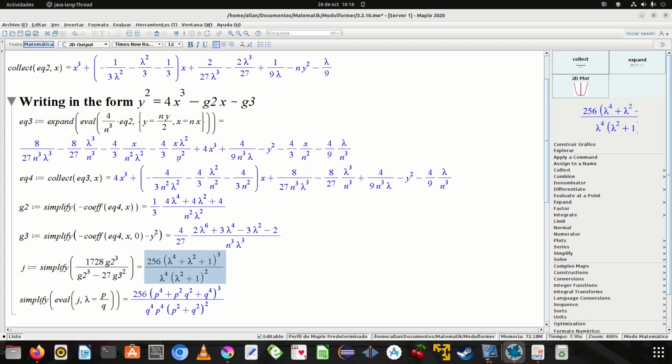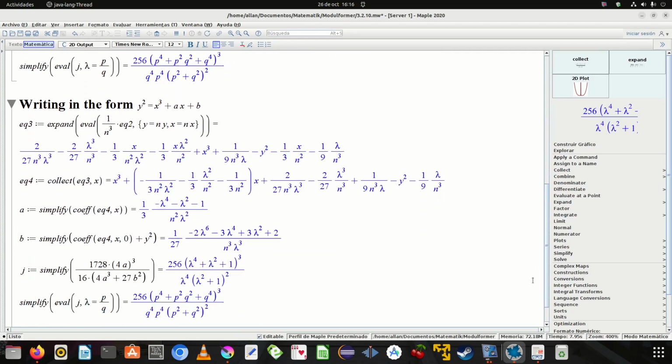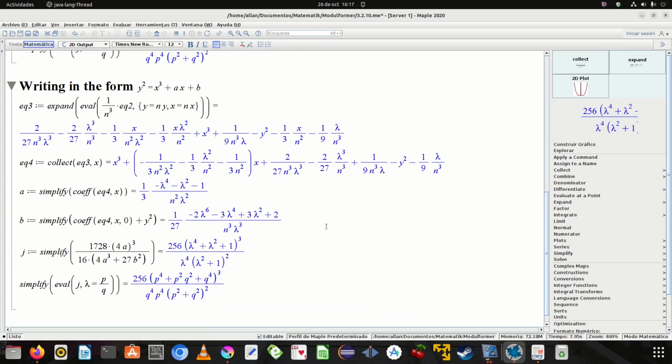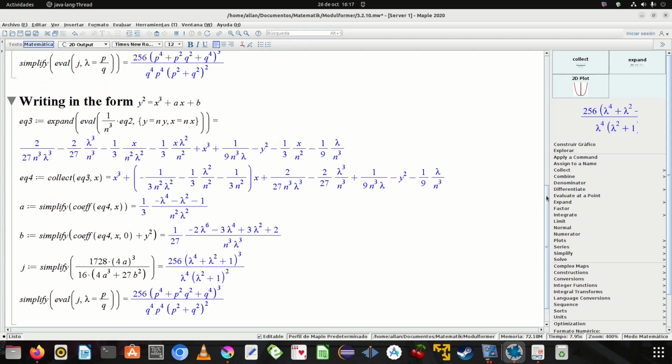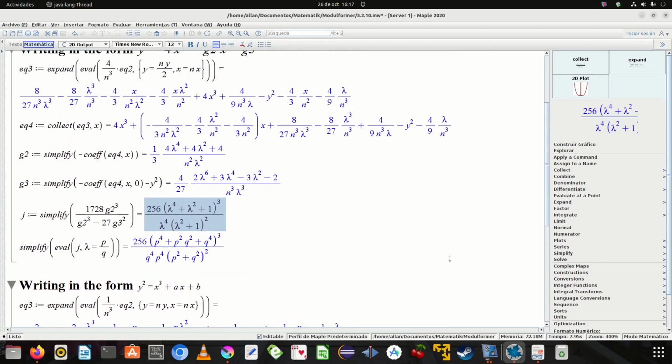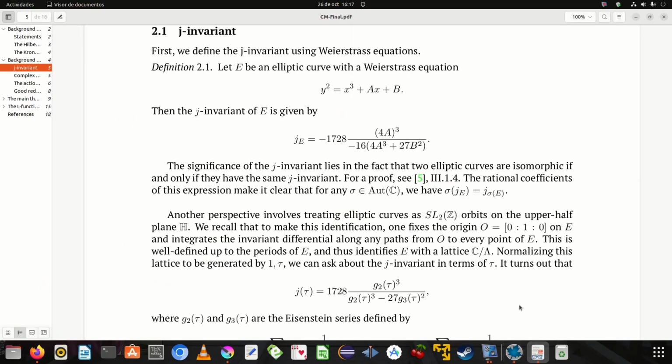I wanted to check that if I made a transformation to the form x cubed plus ax plus b, I would get the same result. I did that down here, and we end up with the same j-invariant. And it's actually not so difficult to see from this formula.